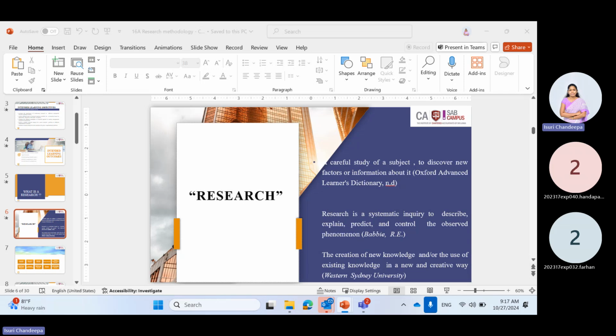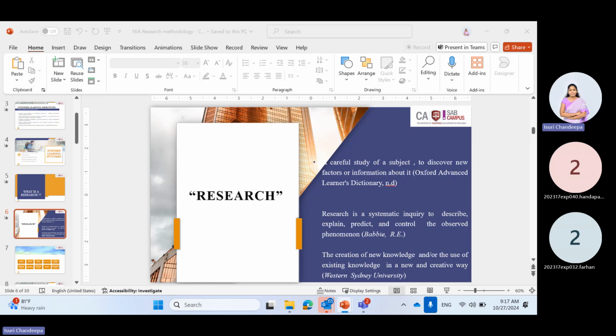Not just finding the answers. You have to systematically observe that problem. Based on the systematic investigation, you have to collect the data. Once you have collected the data, can you take a decision? Then what do you need to do? Very good, you have to analyze it.